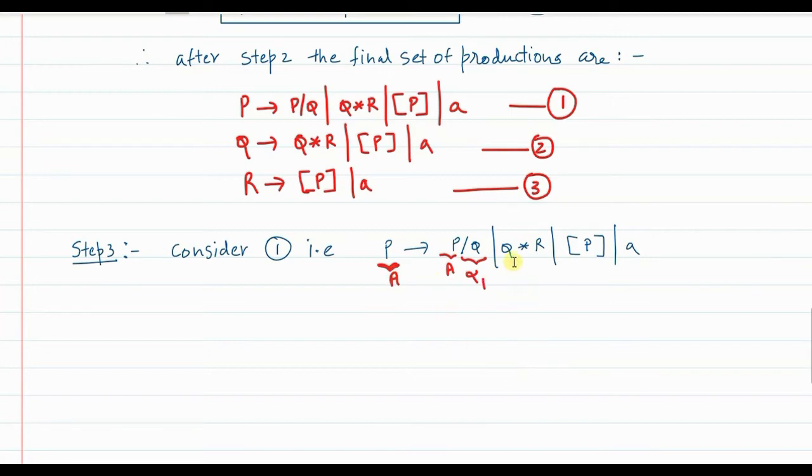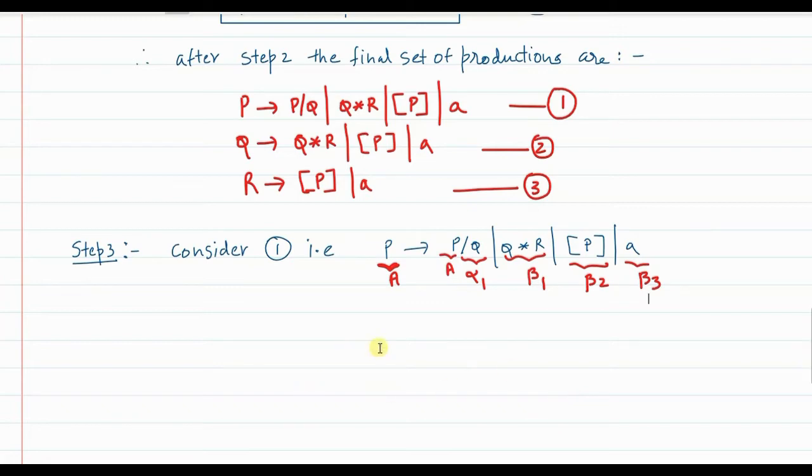But if you consider the second term over here, the very first symbol in the second term is no longer the same P, so that means it is not A alpha 1 type. So if the term is not of type A alpha 1, then the entire term will be treated as beta, here beta 1. Similarly, here it starts with an opening bracket, so this is beta 2 and this is beta 3.